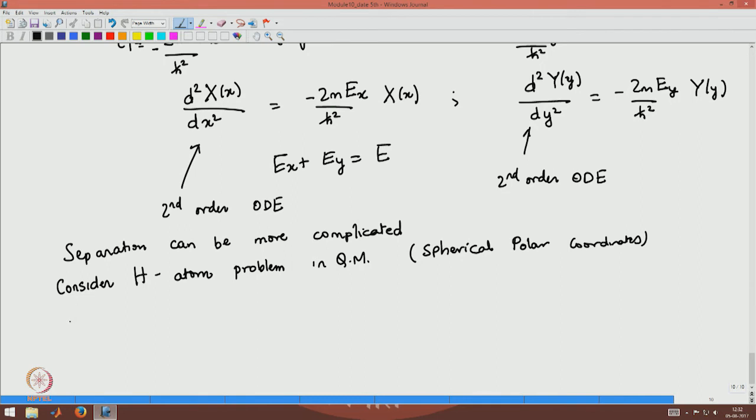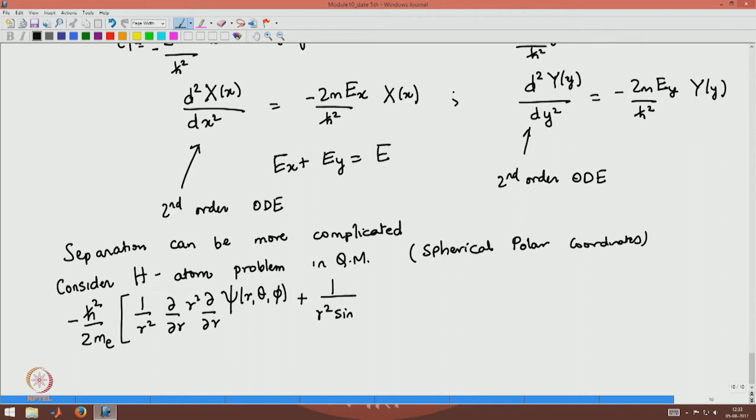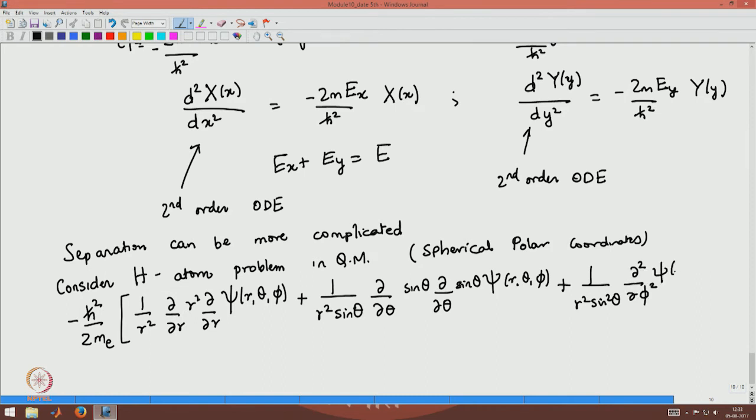Okay. So now the Schrodinger equation looks like minus h cross square by 2 m E. Okay. m E is the mass of the electron, and now what you have is Laplacian, and the Laplacian in spherical polar coordinates has this form: 1 over r square dou by dou r of r square dou by dou r of, now psi is a function of r theta phi, plus 1 by r square sin theta dou by dou theta of sin theta dou by dou theta of psi of r theta phi, plus 1 over r square sin square theta, and what you have is dou square by dou phi square of psi of r theta phi.